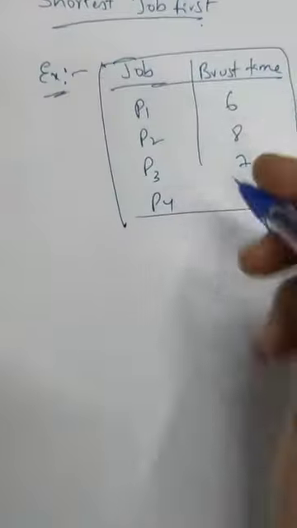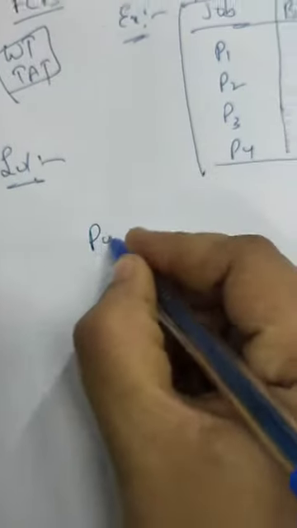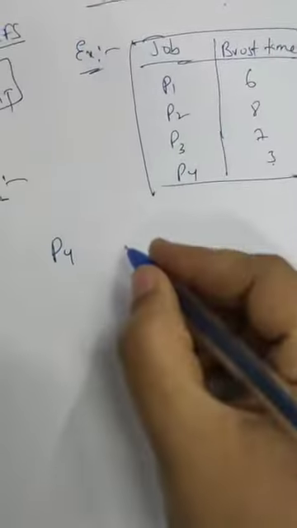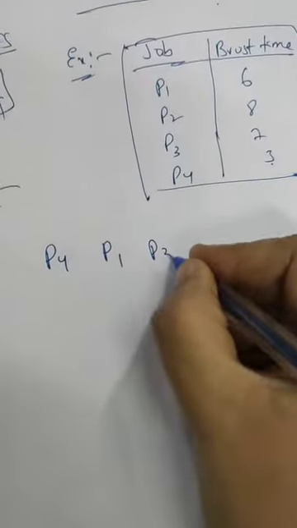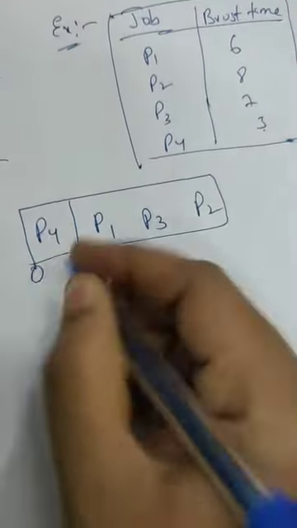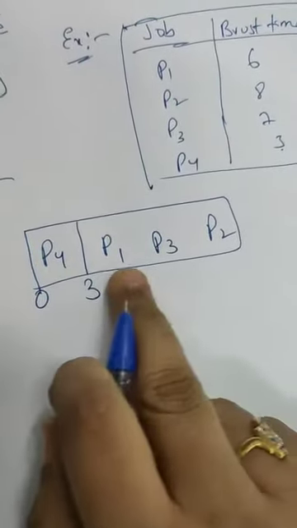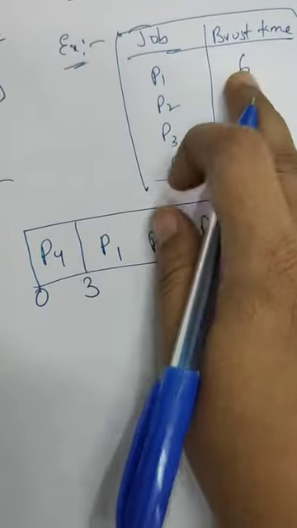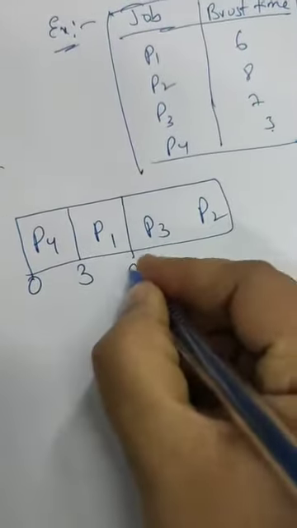According to the table, the shortest job is P4, so I write P4. The next shortest job is P1, then P3 and then P2. P4 starts at 0 and ends at 3. P1 has burst time 6, so it ends at 3 plus 6, that is 9.